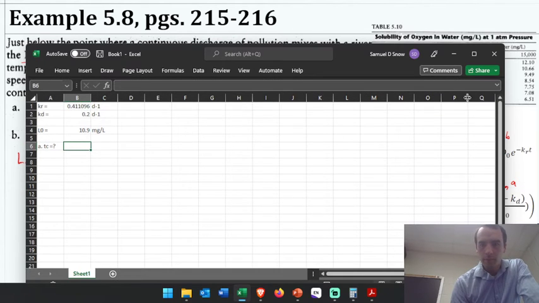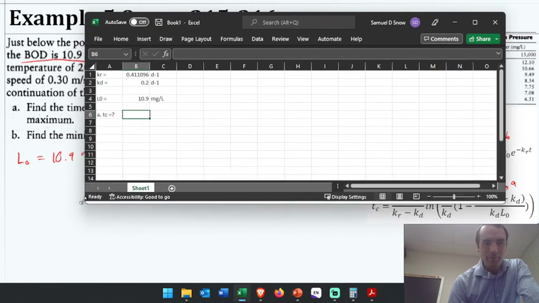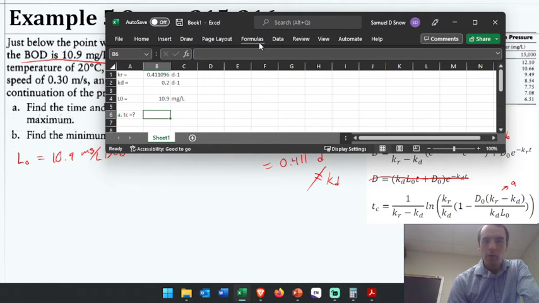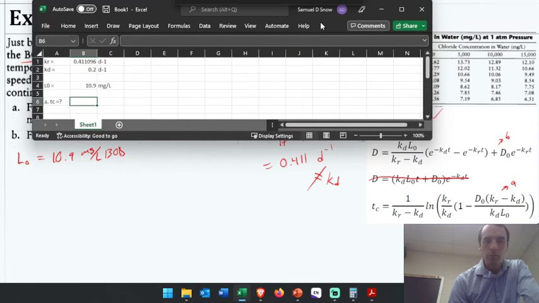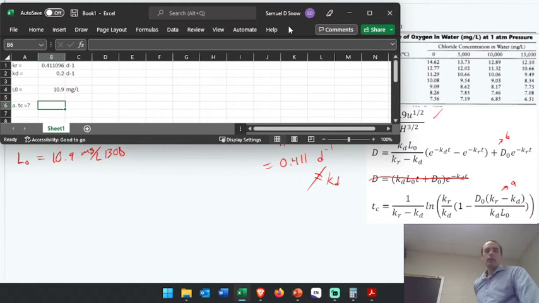Let's do this. All right. So we've got KR, KD, put L naught there.